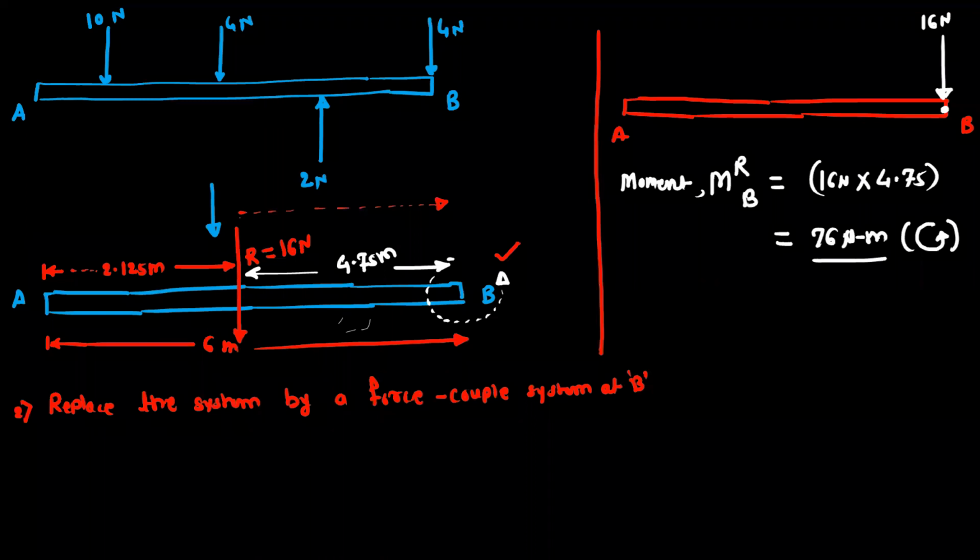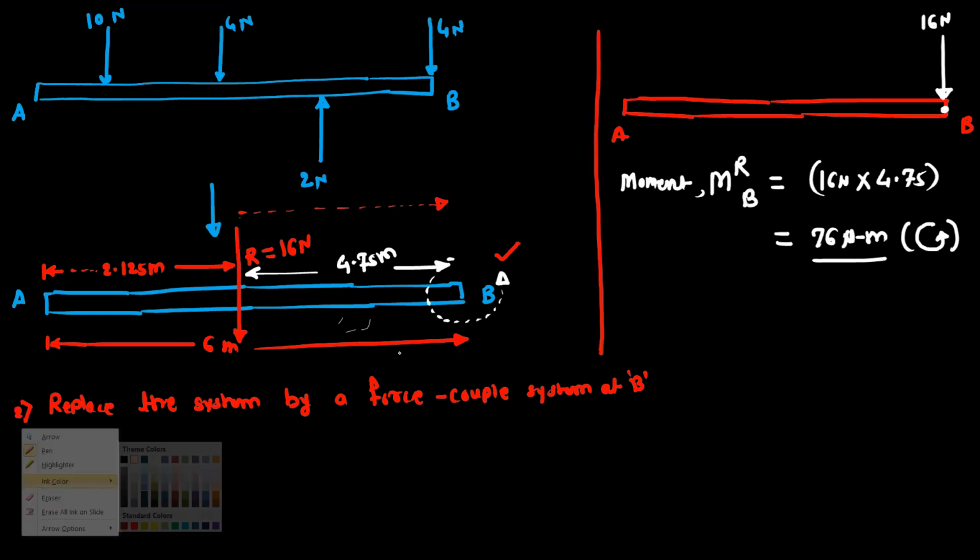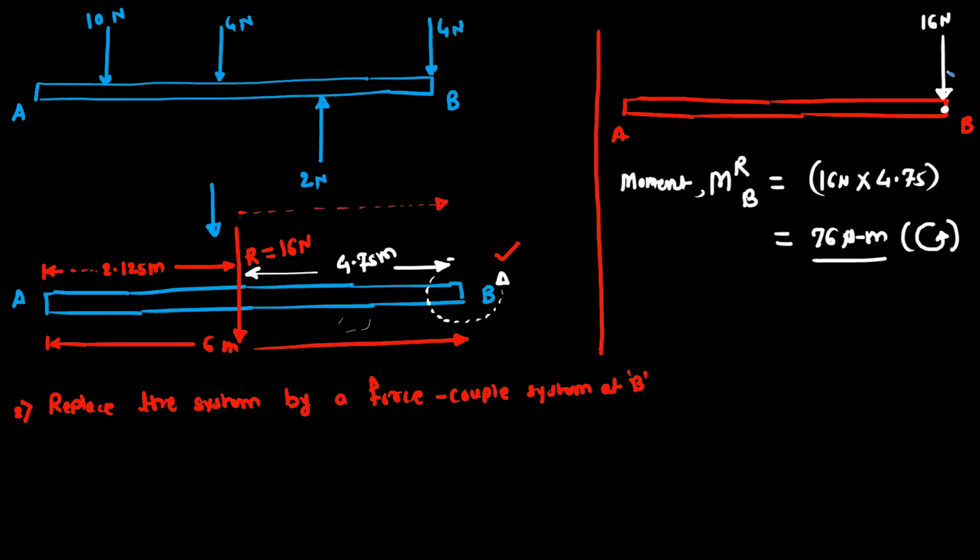Okay, now we have to show this moment at this point B. So that will be the resultant force couple system. And this is 76 Newton meter. So this is the answer for the second question, which is called a force and couple system.